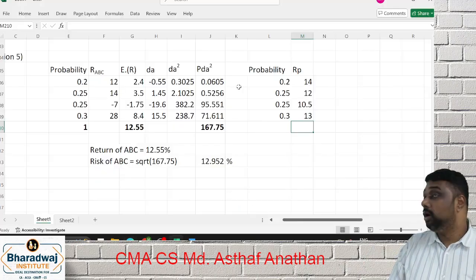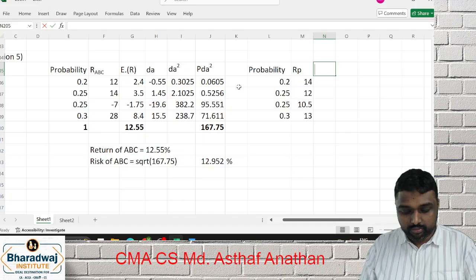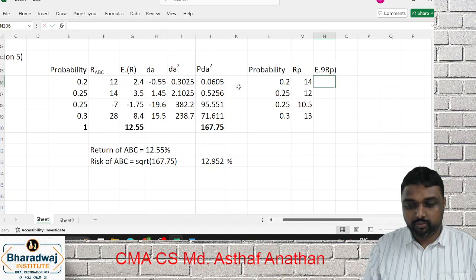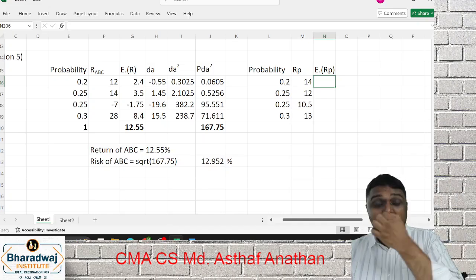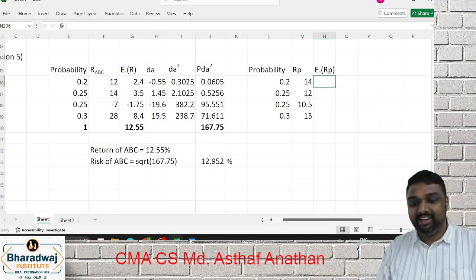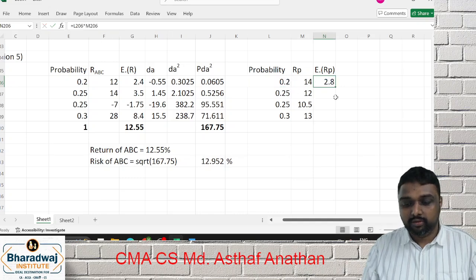So this is the return of portfolio. Now our normal step only: you can go for the expected return of portfolio. This is another method to find out the portfolio. The formula approach I will tell you on the next day, that is the next second model question. So we will find out the return of portfolio.